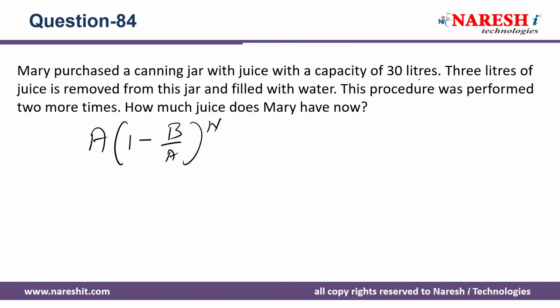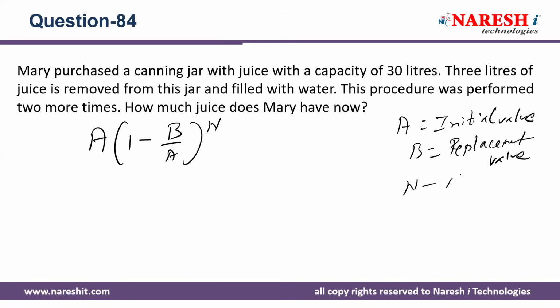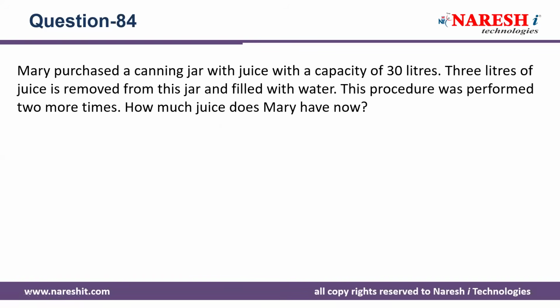A into (1 minus B by A) to the power of n. A is the initial quantity, the initial value. B is the replacement value. N is the number of times. So what is the initial value? Initially, how much capacity was there?